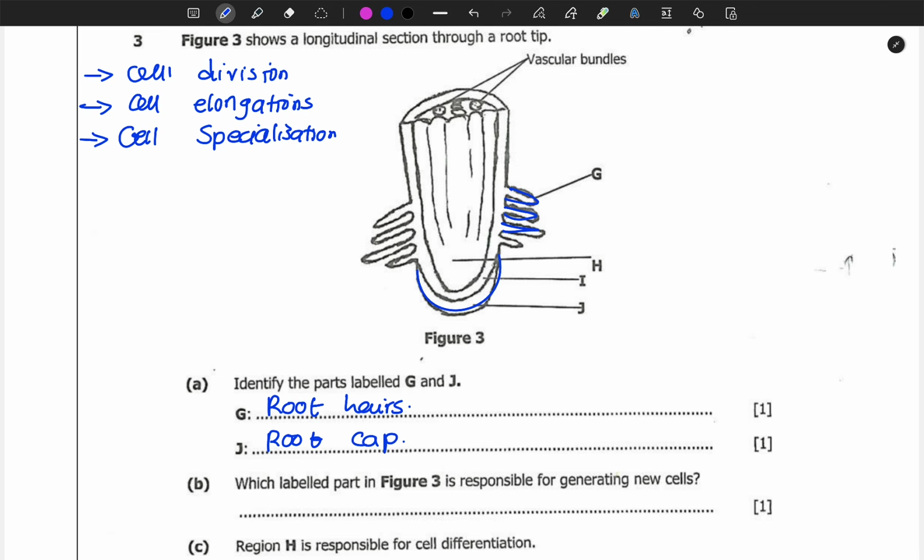The second one, elongation, the cells grow bigger in size. The third one is cell specialization, where they become specialized according to their function. So the part responsible for generating new cells through cell division is structure I. So we can say I.